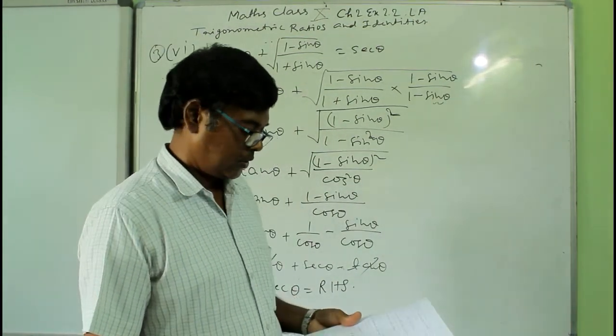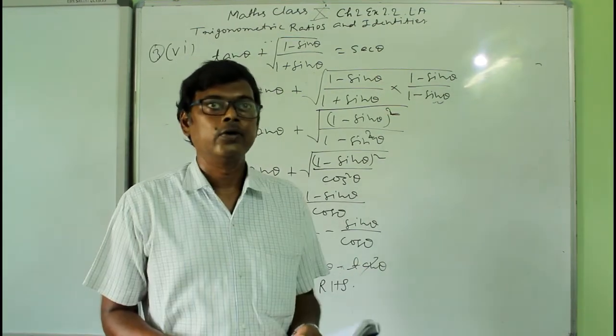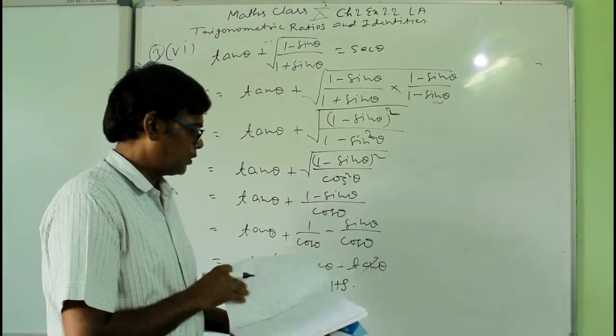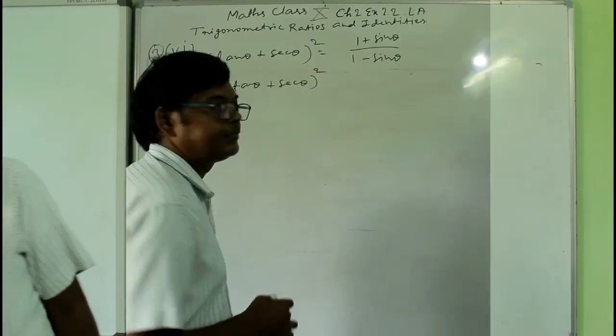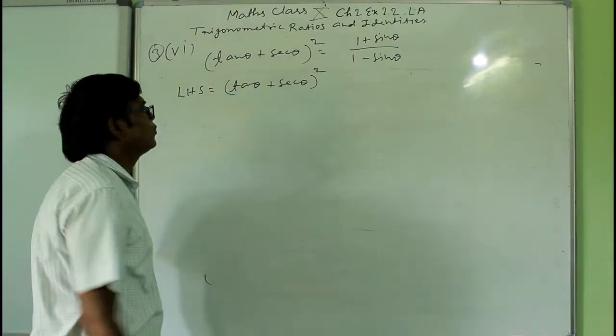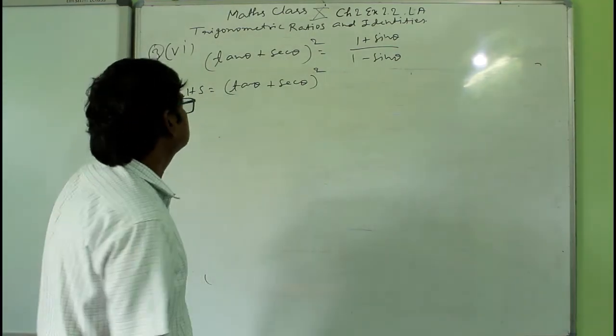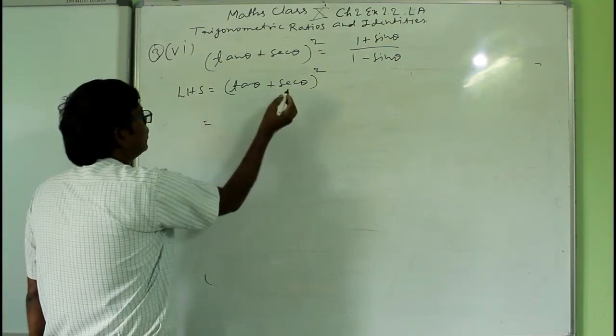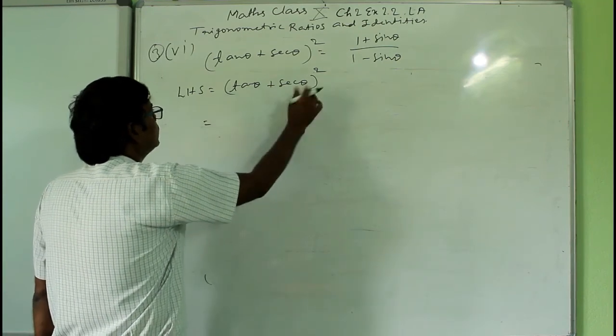Okay, so this is the question number 6. Then you have the question number 7 also. Question number 7. Okay, so this is the question: tan theta plus sec theta whole square equal to 1 plus sin theta by 1 minus sin theta. So start with this. Now tan theta plus sec theta whole square.